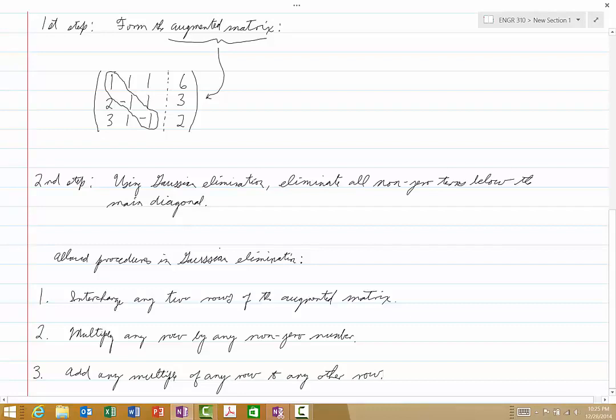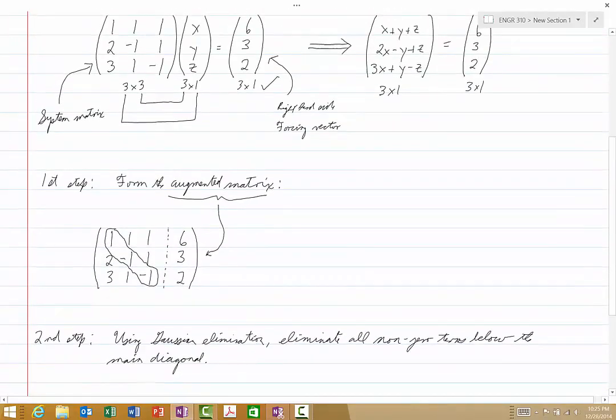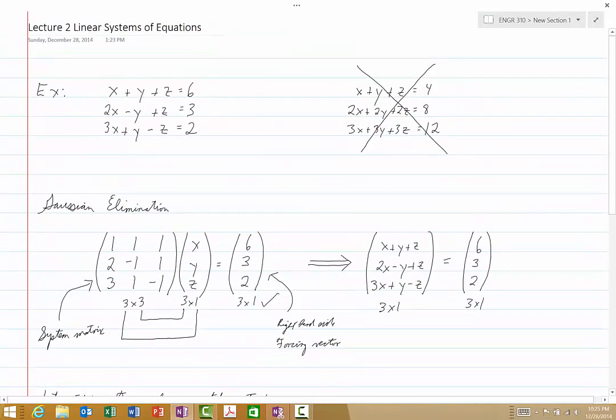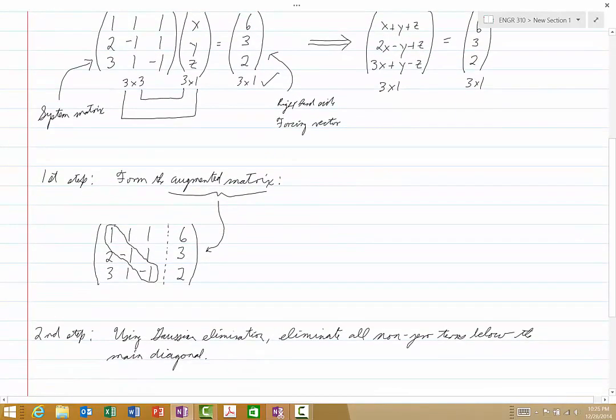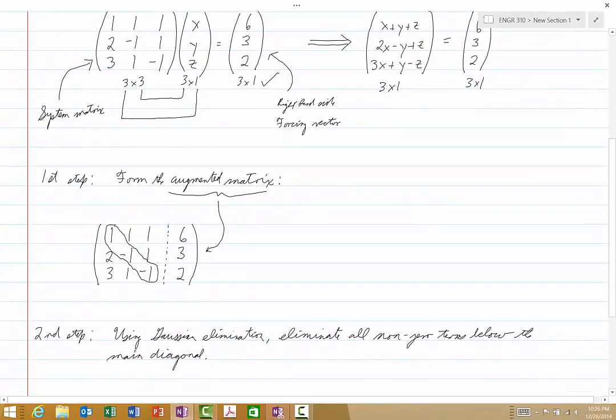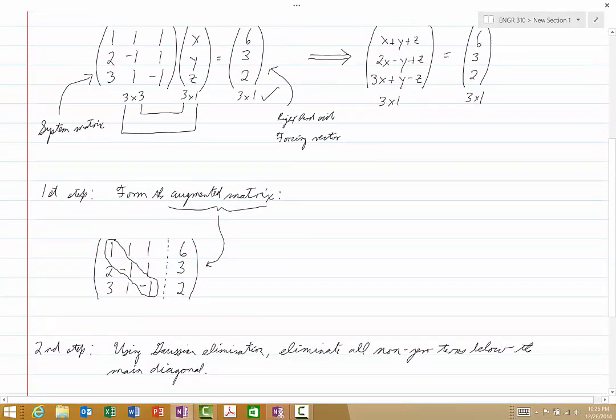Just remember that each row of the augmented matrix simply corresponds to one of your equations. Here are the equations up here, and here's the augmented matrix. You can see that x plus y plus z equals 6 is represented by this first row, 1, 1, 1, and 6.